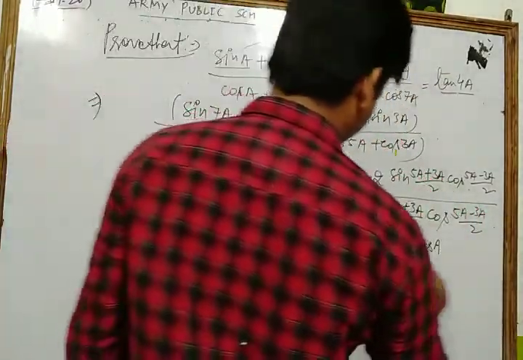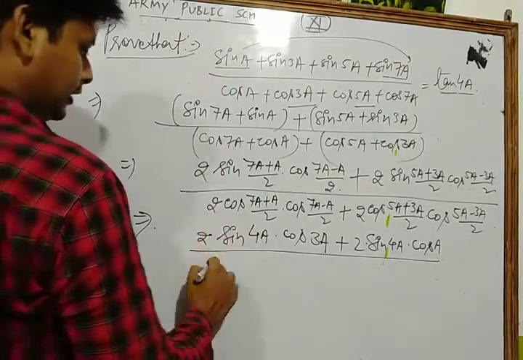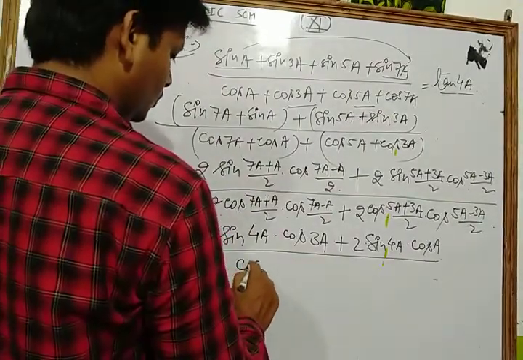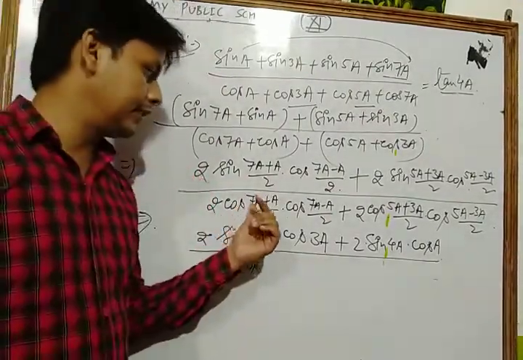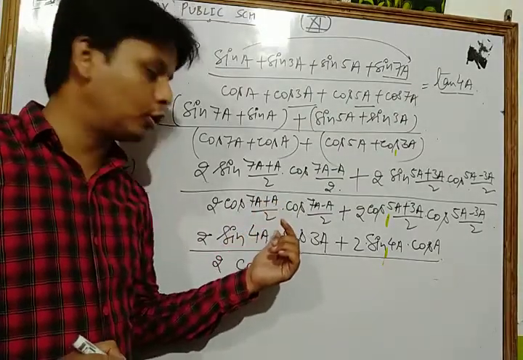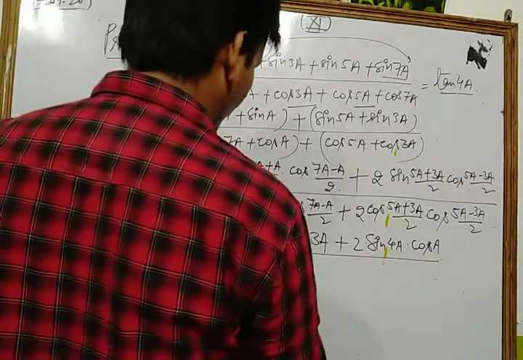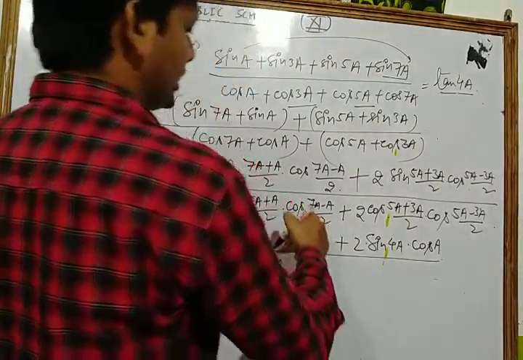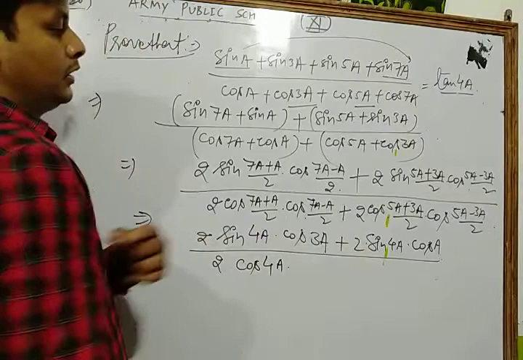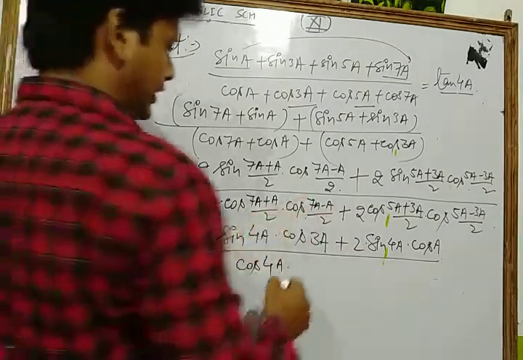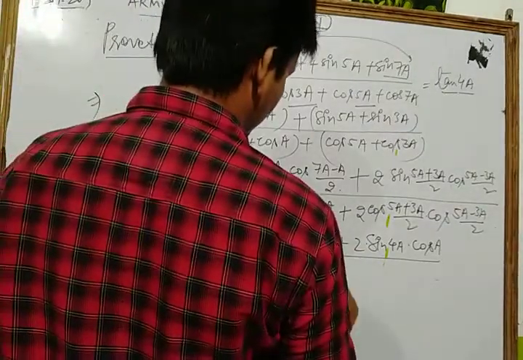In the denominator, 2 cos((7A plus A)/2), that is 8A upon 2, which is 4A, so cos 4A. And here 7A minus A, that is 6A upon 2, and 2 threes are 6, that is cos 3A.